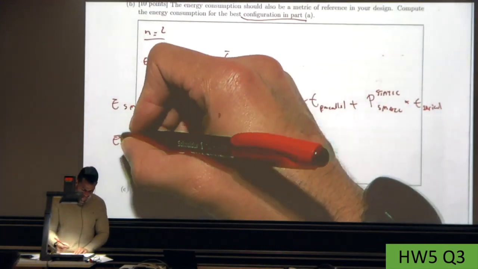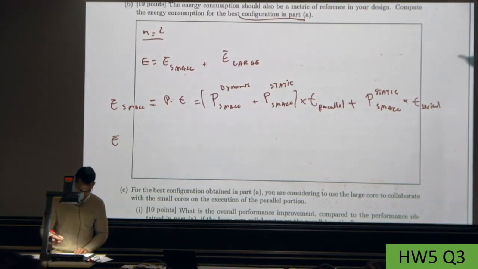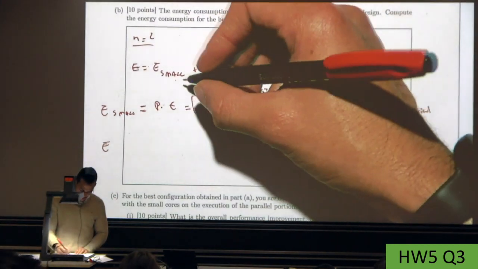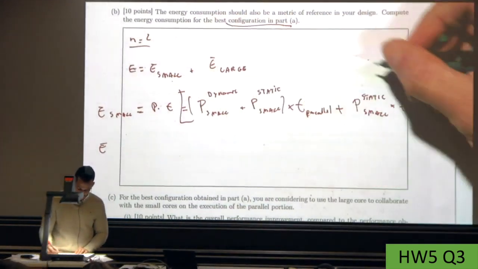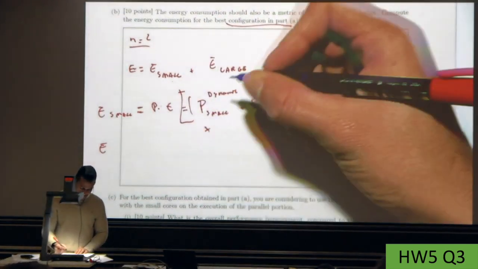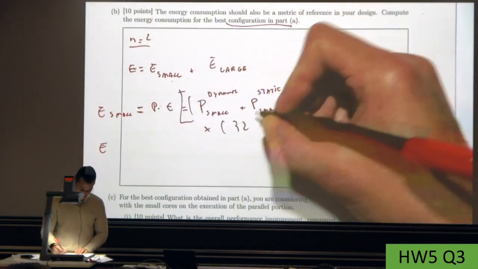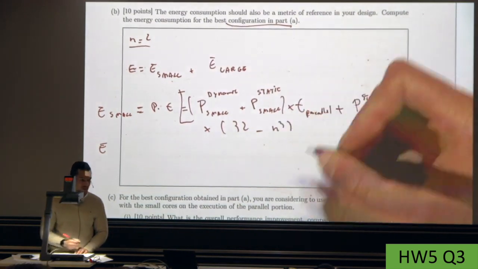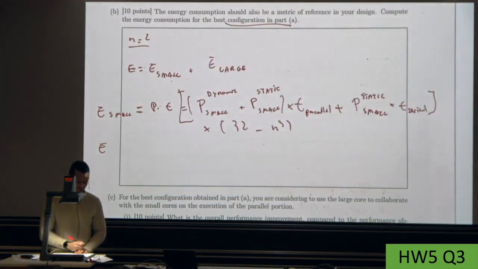And also the number of small cores that you have here, 32 minus n cubed cores, so we have 24 small cores.